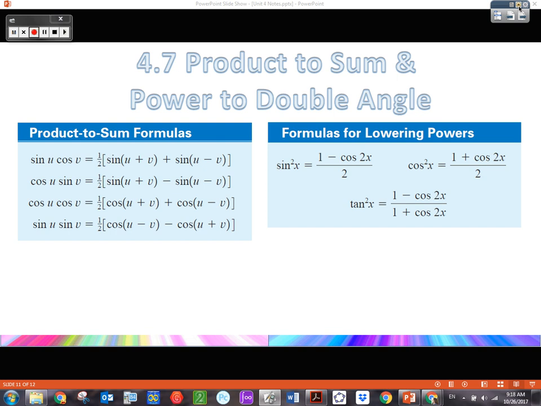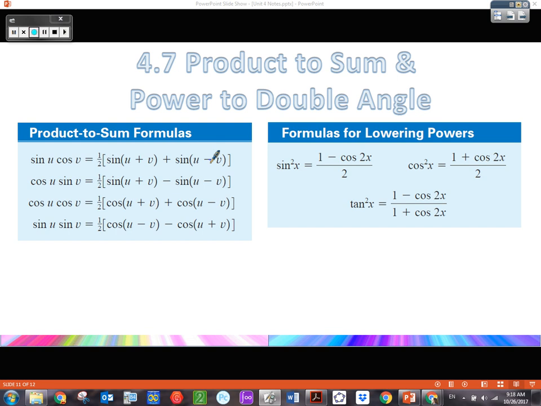It is quite difficult to integrate a product unless it's formatted a specific way. So when this kind of situation comes up, it is very helpful to be able to write it as a sum. Big deal for us in calculus. It's way easier to integrate independent things separated by pluses and minuses than a product. So that's the benefit of this formula: we will use it to switch from a product to a sum.